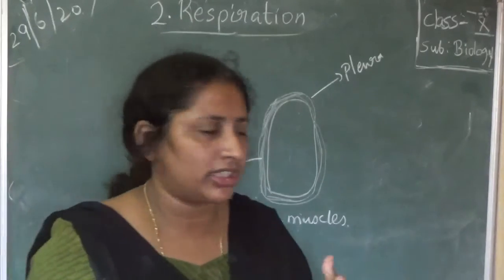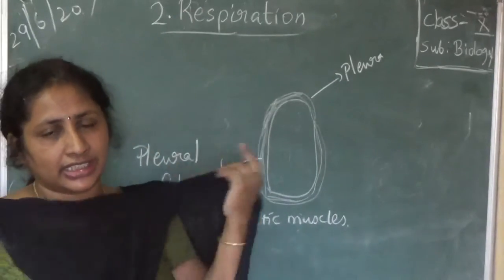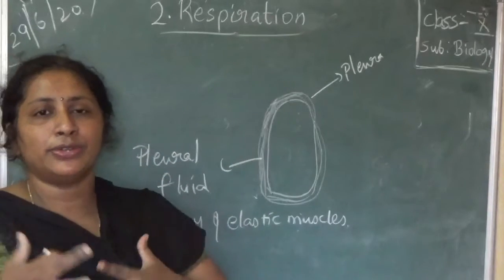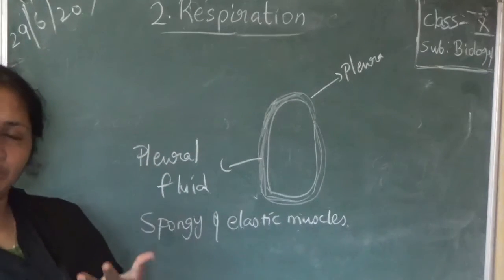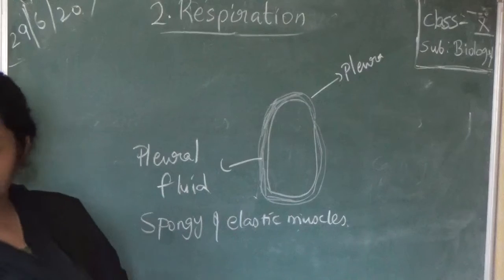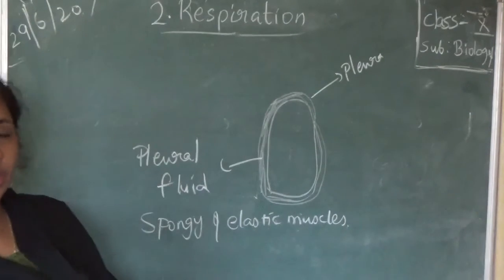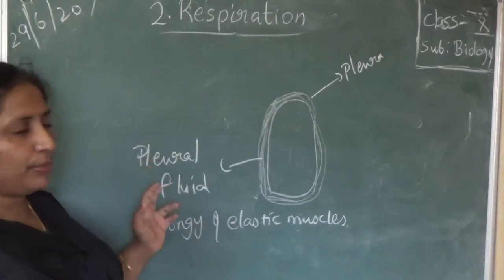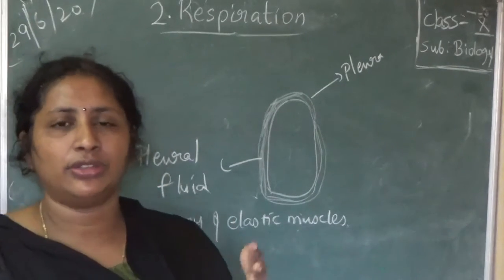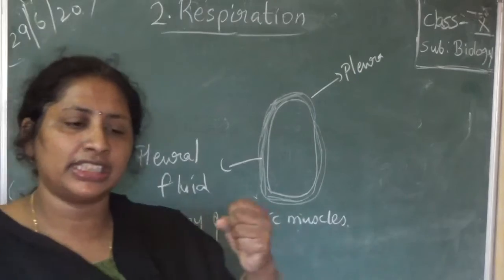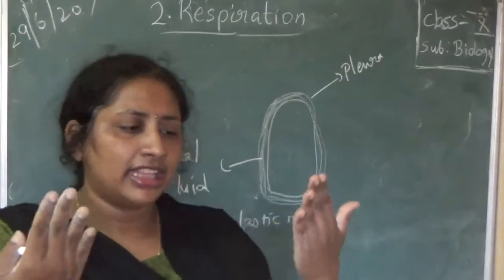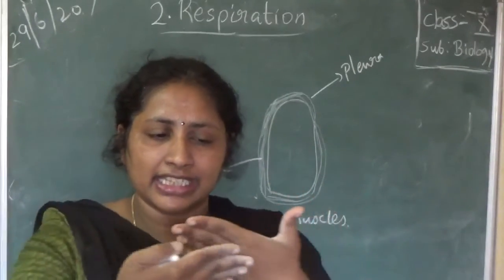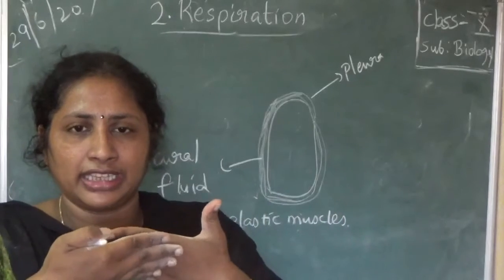This is done by what? The muscles present on the lungs. So to reduce the friction, means to reduce the force, or to remove the vacuum, the pleural fluid helps, okay, to reduce the pressure. Means continuously the spongy and elastic muscles are sliding one above the other.